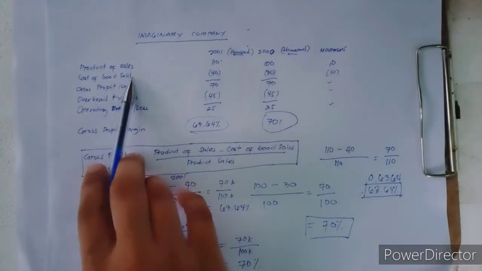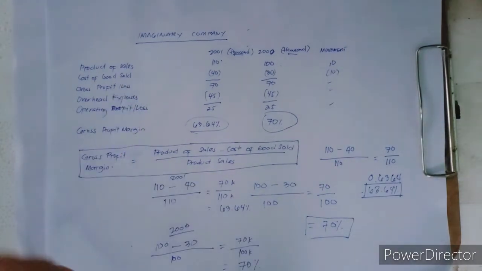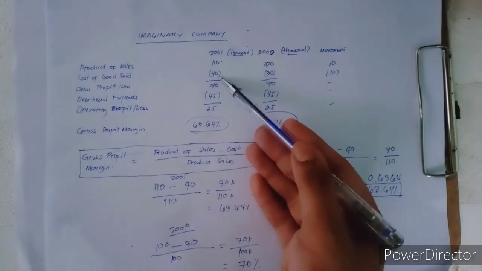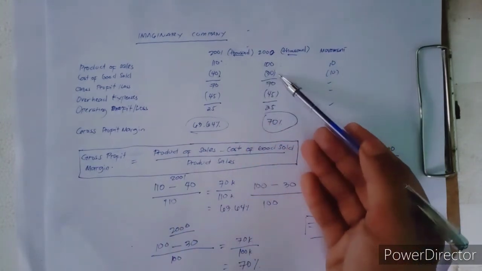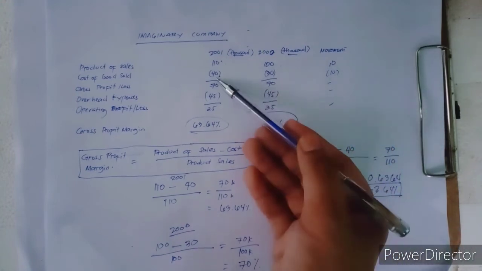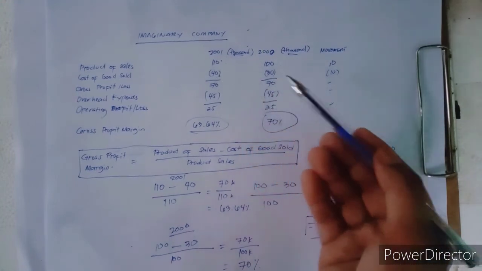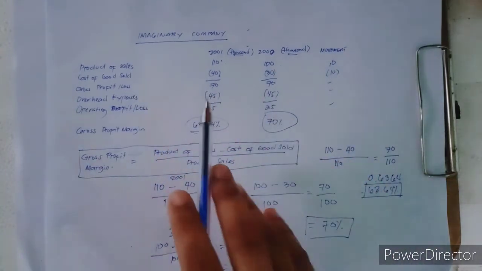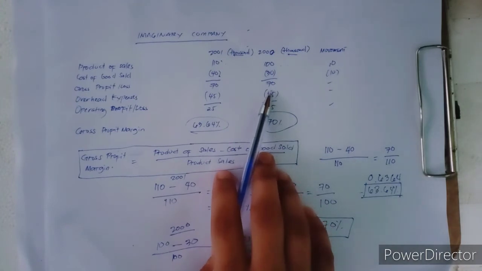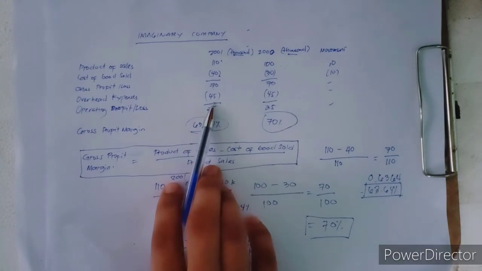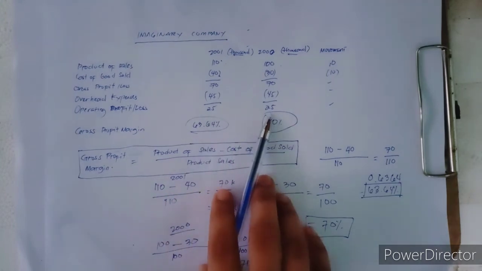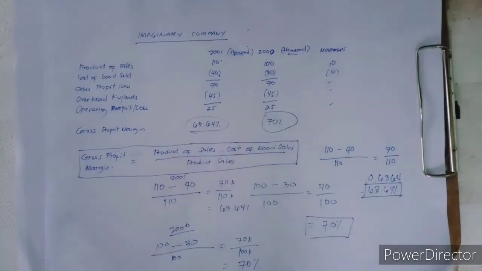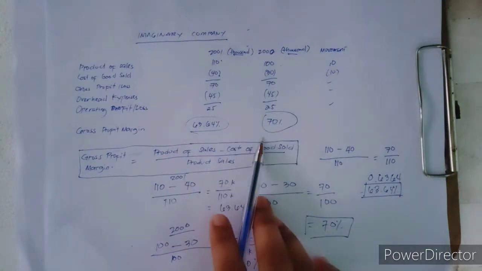Our cost of goods sold also increased by 10,000 pesos, from 30,000 to 40,000, and that left us with a gross profit of 70,000 pesos, which has remained unchanged, so the same. Our overhead is fixed at 45,000, which gives us an operating profit of 25,000 pesos in each year.